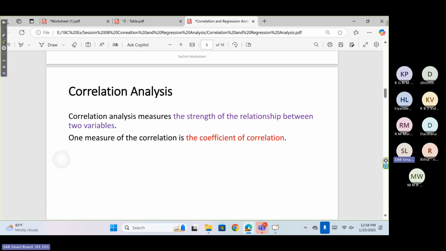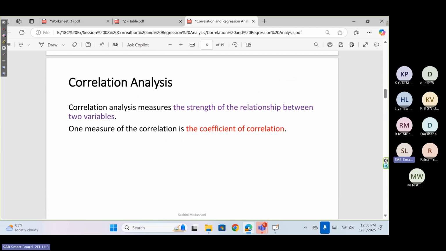Then we move into the first technique, correlation analysis. We can use correlation analysis with the scatter plot diagram and a numerical measure.